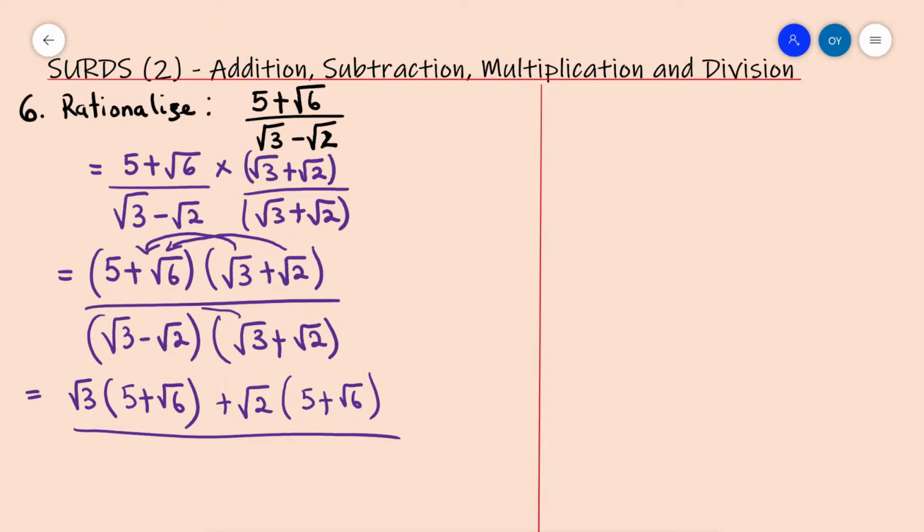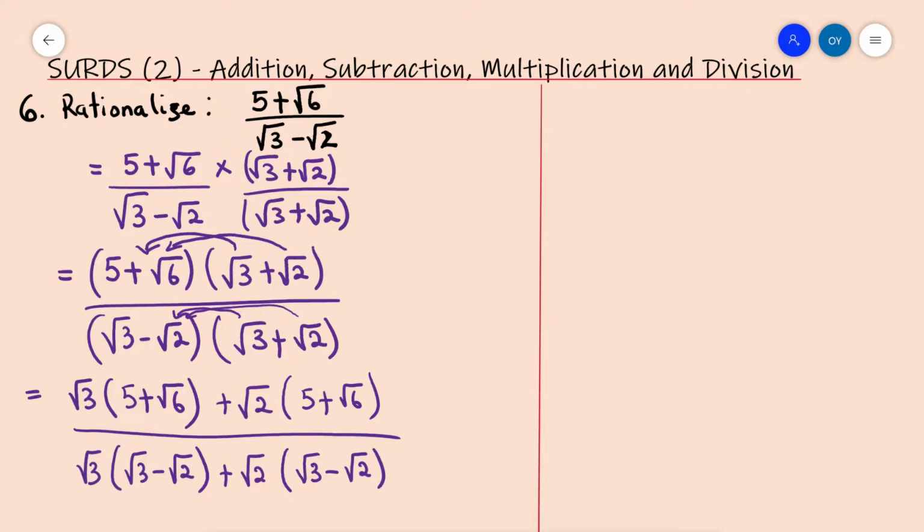Root 3 multiplies all of this, so we have root 3 bracket root 3 minus root 2, then plus root 2 multiplies all of this. We have plus root 2 bracket root 3 minus root 2.